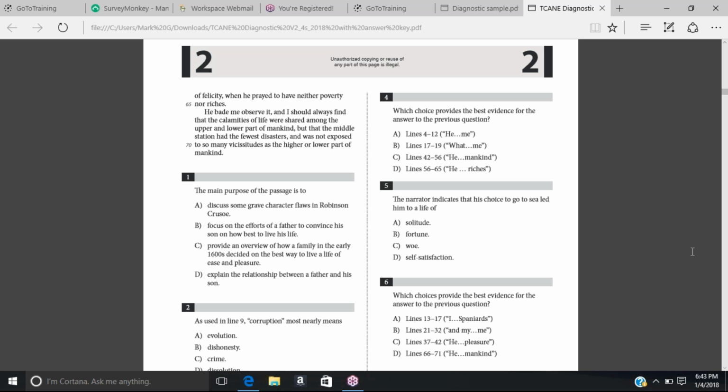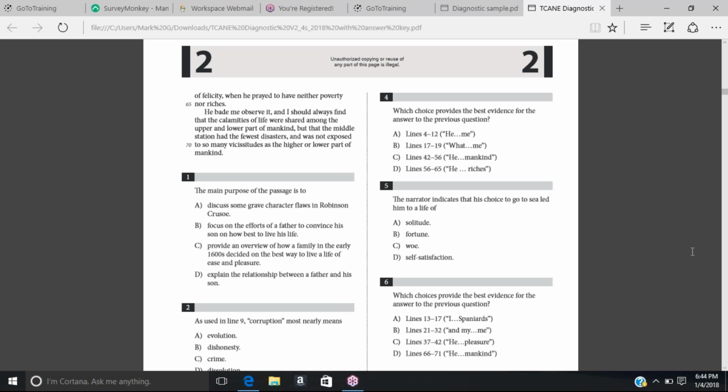The word best is an absolute. Absolute words are extremes. The number 1 means the best. Extremes are hard to prove, making them harder to be right on an SAT or an ACT question. I think what was true in the passage is they talked about a decent way of life, but the word best, I'm not sure was well fleshed out.